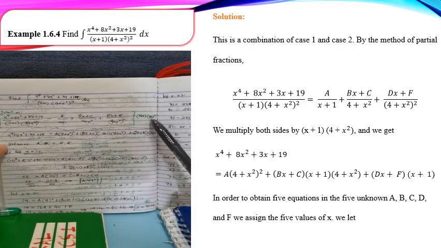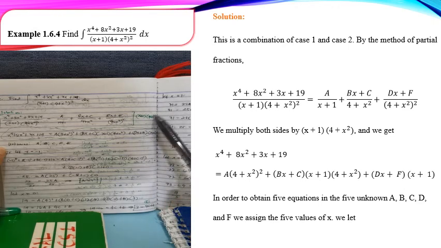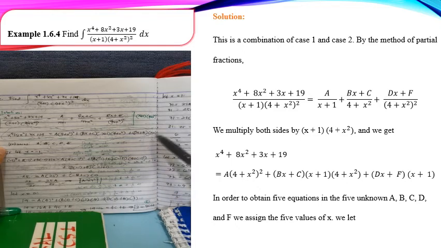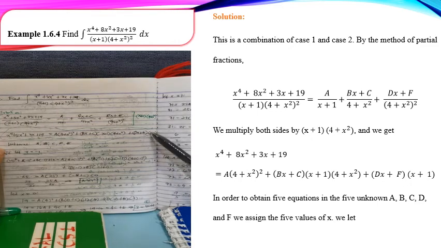Ang maka-cancel out lang dito is isang 4 plus x squared, so ibig sabihin, may natitira pang x plus 1 at saka isang 4 plus x squared. Sa last term naman, cancel out yung dalawang 4 plus x squared, so ang natira na lang na factor is si x plus 1. So, eto din yung magiging basis natin.